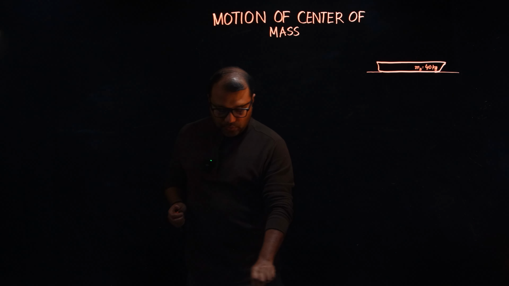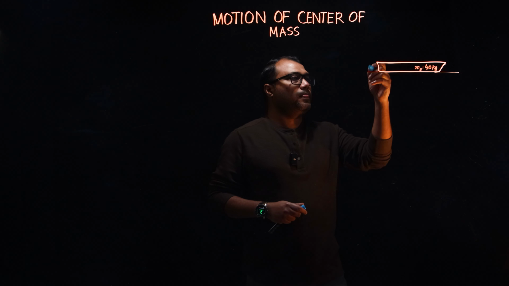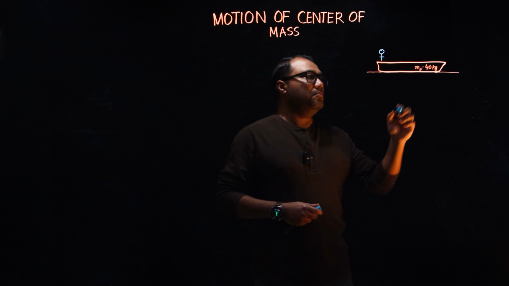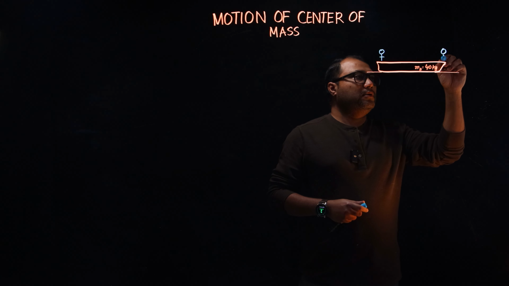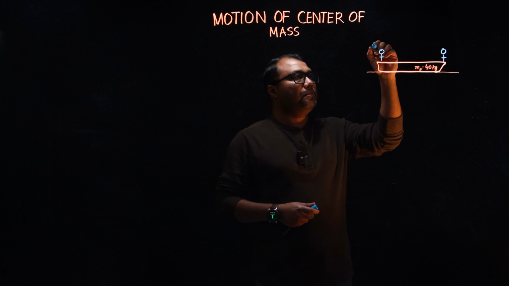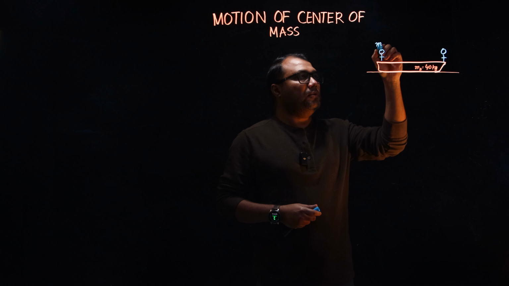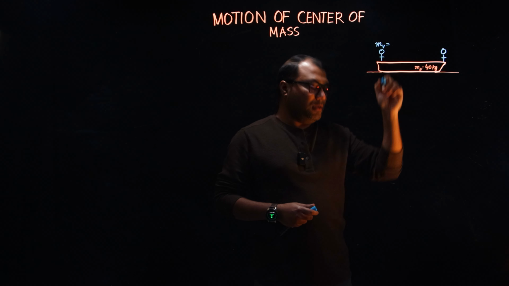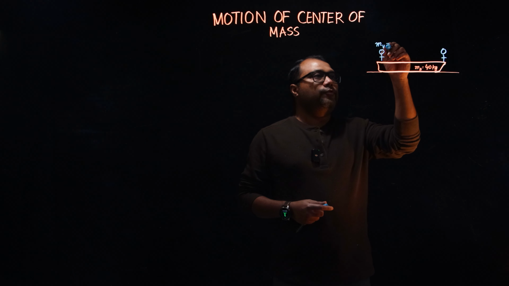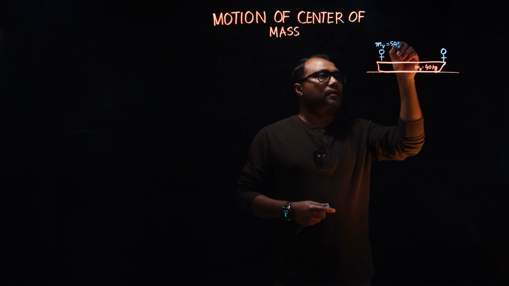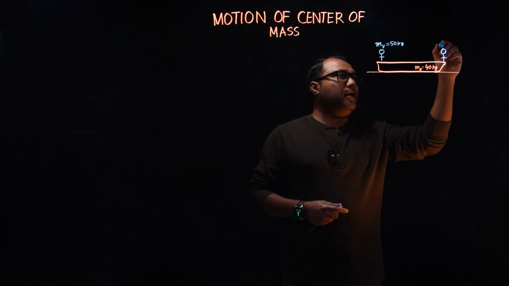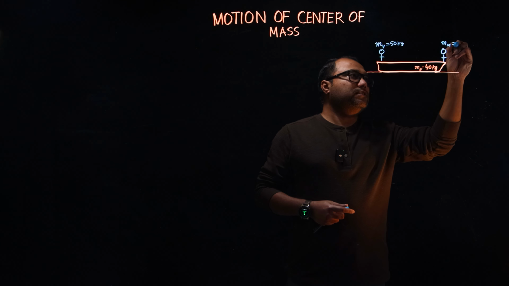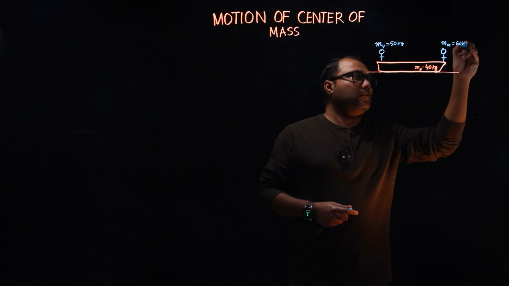And then there are two people, probably they are physicists because they want to discuss mechanics. So Mr. M and Mr. V. Mr. V weighs 50 kg and Mr. M weighs 60 kg.